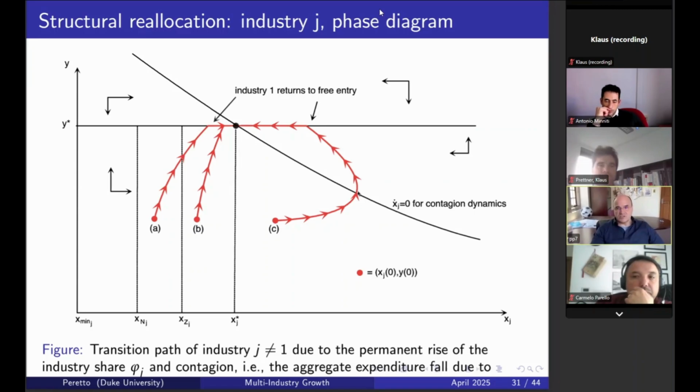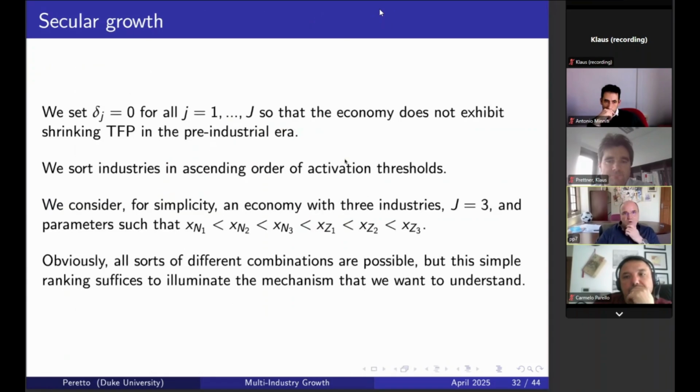And this kind of reallocation of expenditure shares could be very easily engineered by the government, for example, through some kind of scheme of tax and spend, if we are willing to complicate a little bit the outer layer of aggregation of the model. Okay, so that's what we get here.